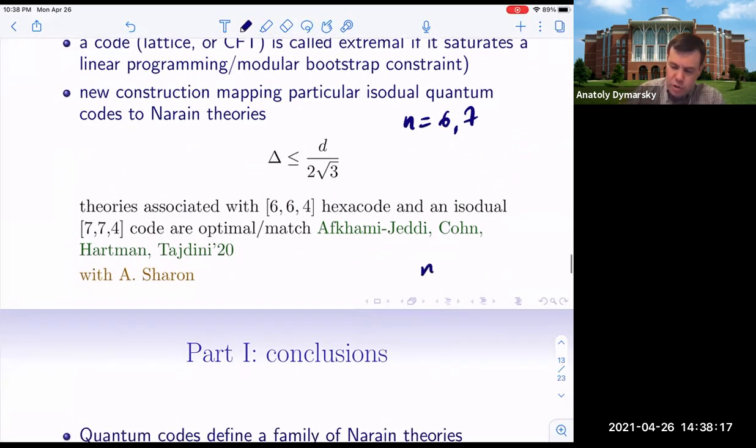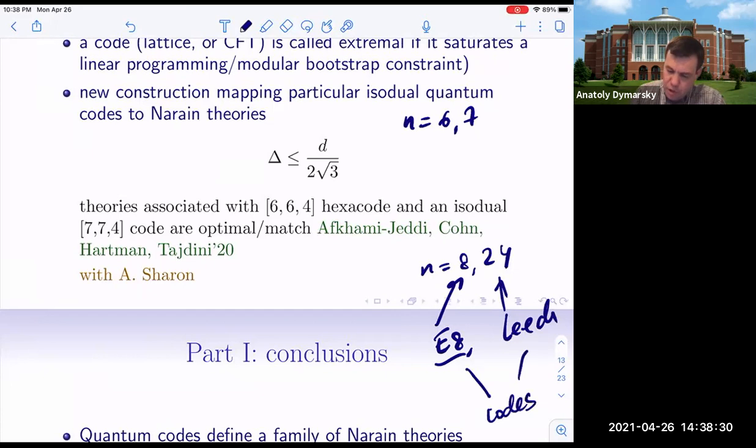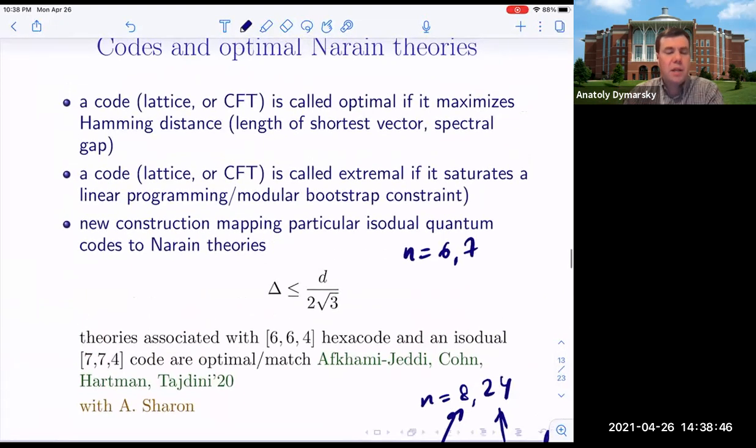And for dimensions 8 and 24, these lattices are special lattices which are important for physics. One of them is E8 and another is the Leech lattice. And those are also related to codes. So in those two special dimensions, 8 and 24, maximal sphere packing is achieved by lattices which are related to codes. Something similar is happening with the question of spectral gap for Narain CFTs.